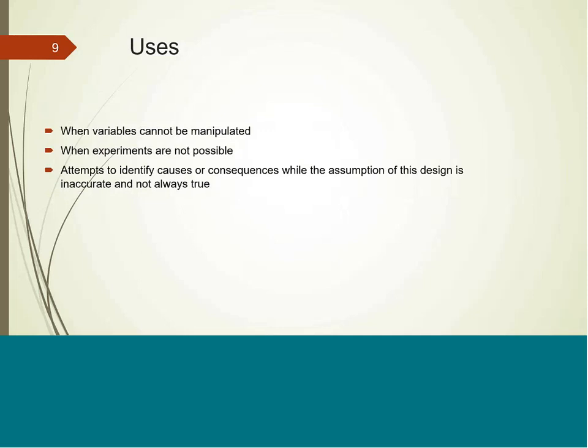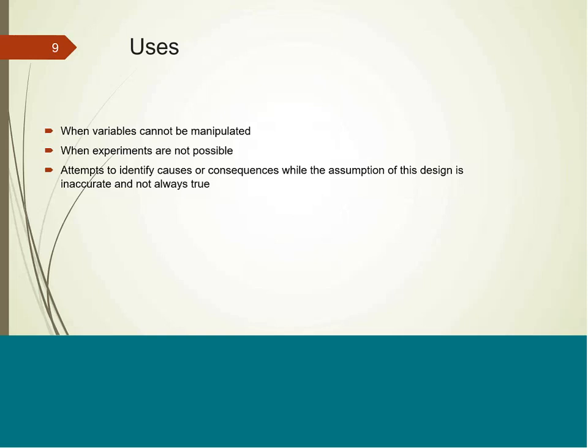So some of the uses. When will we use a causal comparative research methodology? When variables cannot be manipulated, and some examples of the variables, as mentioned before: gender, ethnicity, socioeconomic level, education level, religious preferences. These are some things that cannot be manipulated.